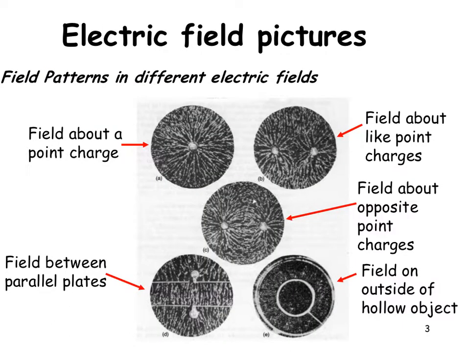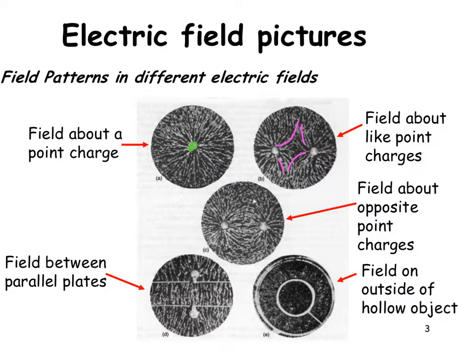Here are a bunch of field patterns. This would be a point charge over here. And then, as you can see, the field pattern around it is a radial field pattern. A field about two like point charges is going to land up being like this, where you'll notice the pattern will look something like that. And I'll show you why that comes to pass in a minute.